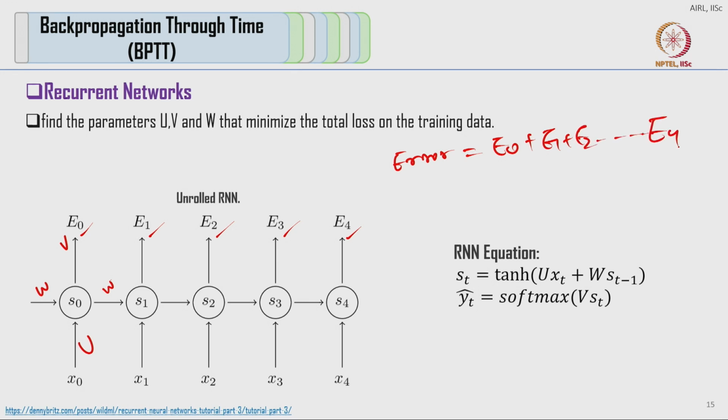Using the RNN equation, we can write the output predictions Y1 cap, Y2 cap and so on at each of these timestamps, and we can also write St, the hidden state, which is S0, S1, S2 and so on for each of these timestamps, right.